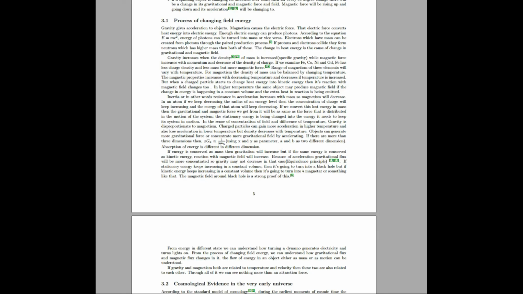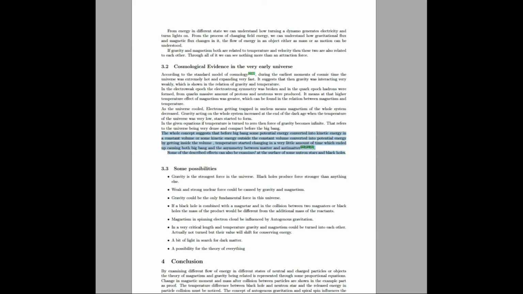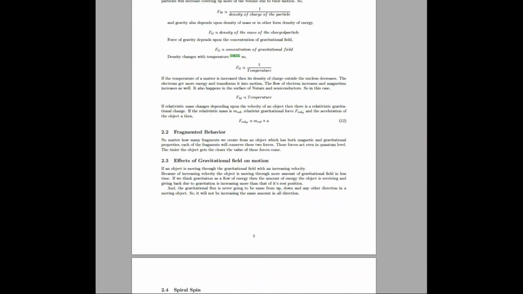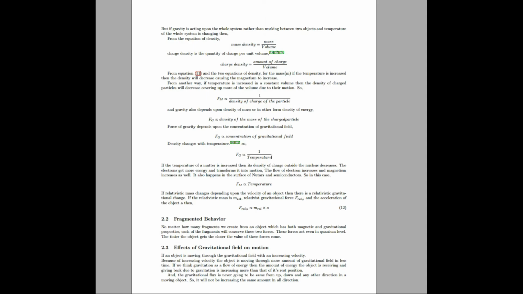Okay, so it is a proof that the theory works. Like if we turn the temperature to zero, the force of gravity turns into an infinite amount of gravity at zero temperature. I think Kelvin also tried something like this.